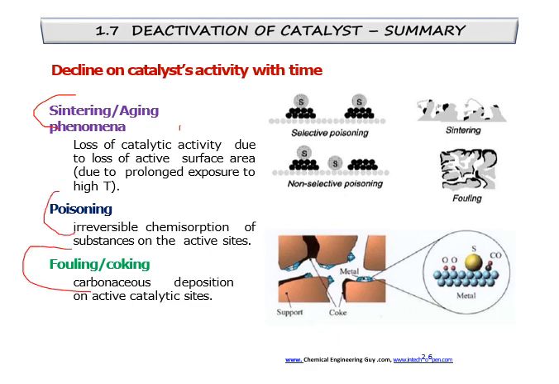So you need to describe the meaning of sintering, poisoning, and fouling if there are questions in the examination. And maybe you can also include a graphic to further elaborate the meaning of deactivation of catalyst through sintering, poisoning, and also coking.